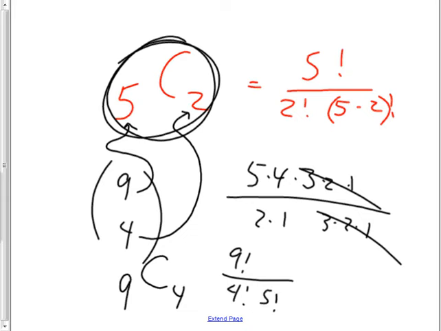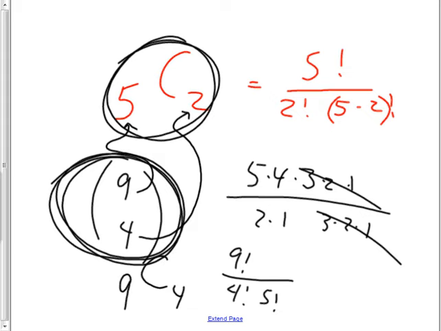Okay, there. Now you're all set up so that when I show you this in a formula, you won't freak out because it's just combinations.